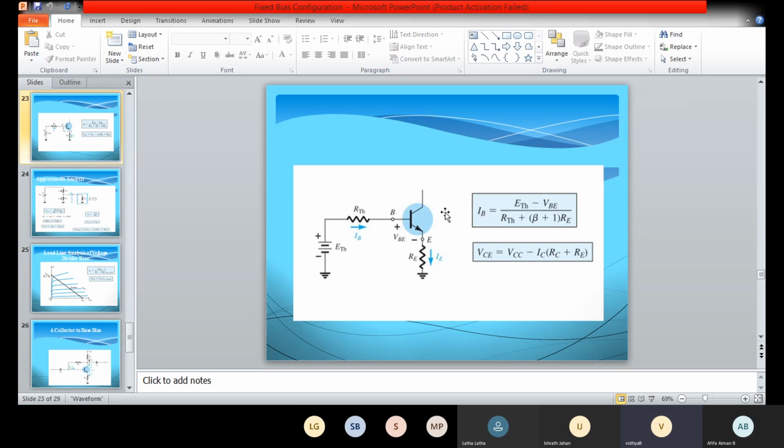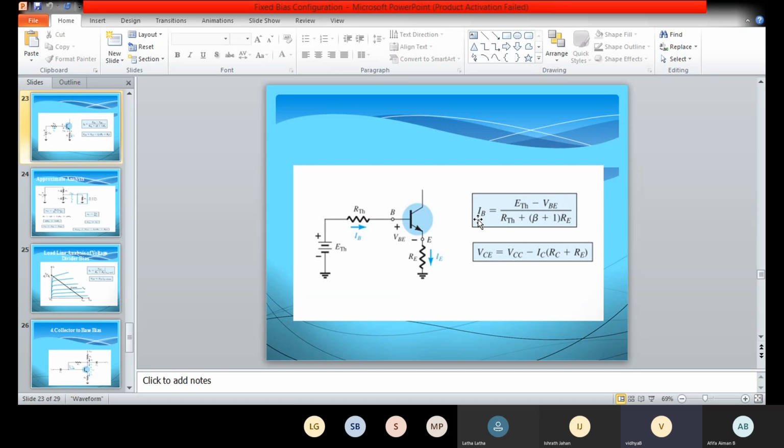Next, from this base emitter loop, we need to find out IB. If we apply the loop, then what will you get? After applying the loop, you will get ETH minus IB RTH minus VBE minus IE RE.